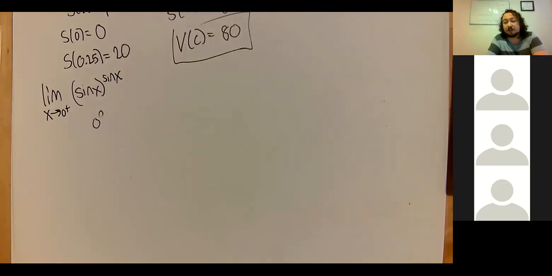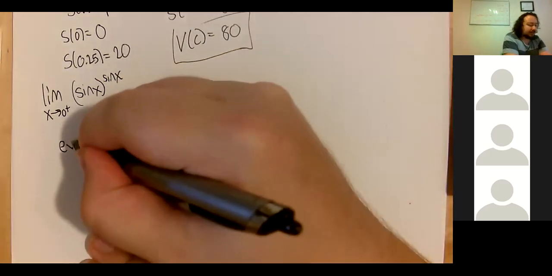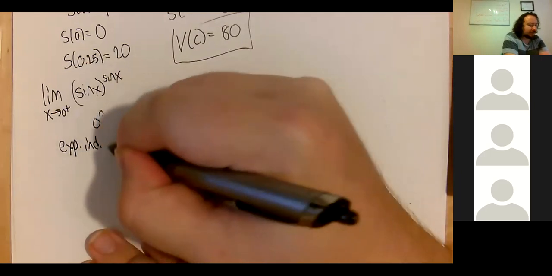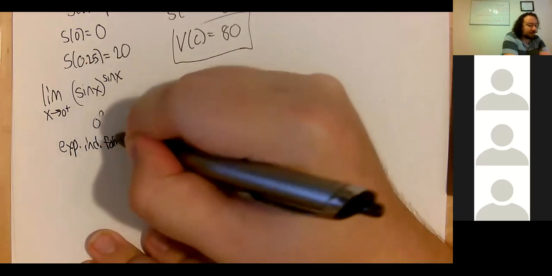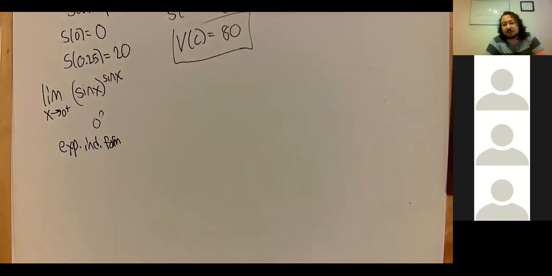That means it's not immediately clear what this limit is going to be. Now, the good news is that since it is one of the indeterminate forms, we can use L'Hopital's rule. This is what's called an exponential indeterminate form. When we have 0 to the 0, infinity to the 0, or 1 to the infinity, we have something raised to something else, and we get a problem.